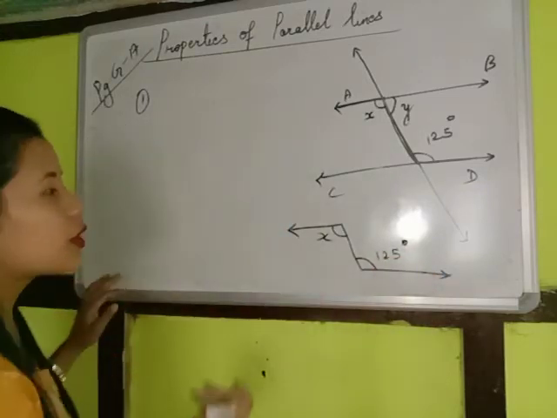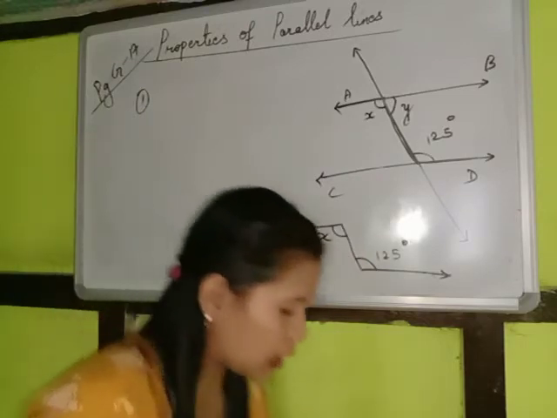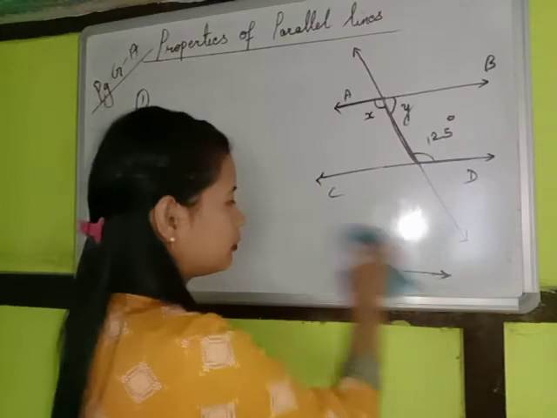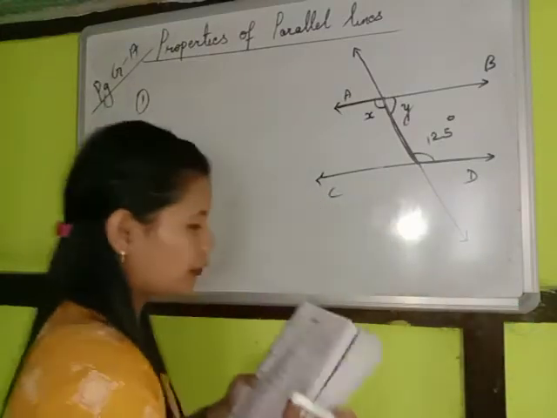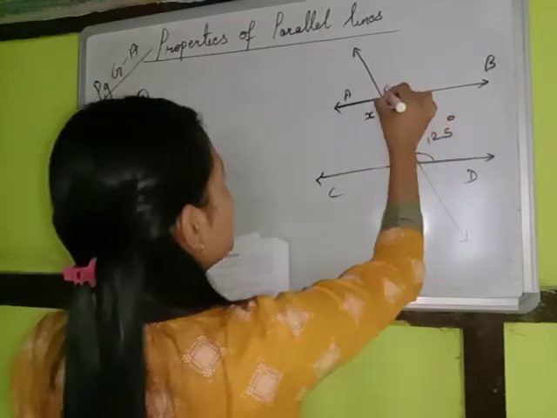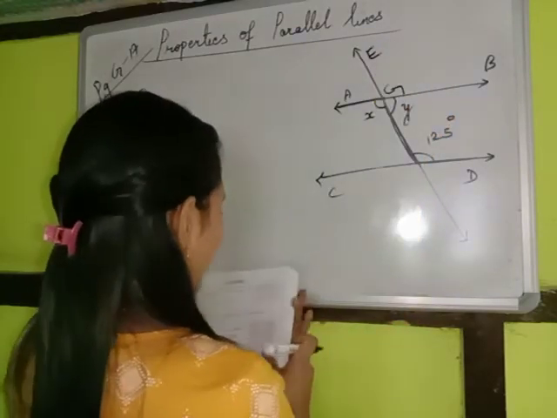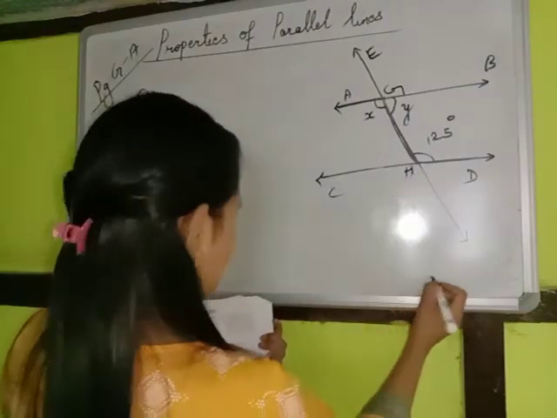From here, what do you see? These two angles are alternate angles, right? So I'll name this. This is AB, this is G, this is E, this is H, and this is F.